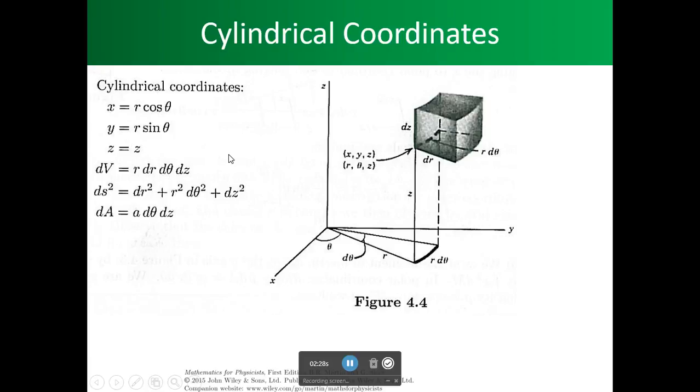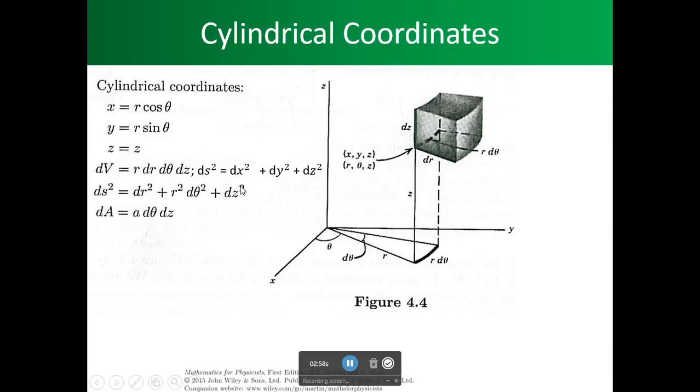So that's why dz stays dz. We have our volume here. Remember, it used to be dx dy dz, and now you see the dz stays the same, but the dx and the dy change.